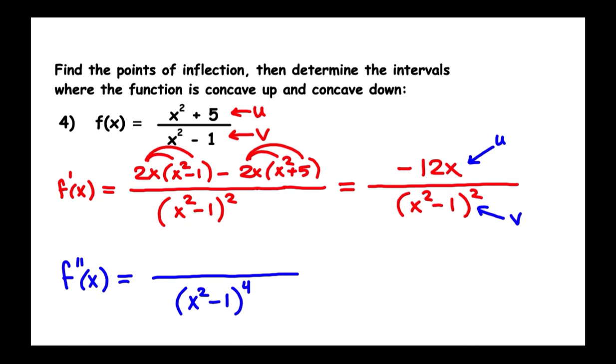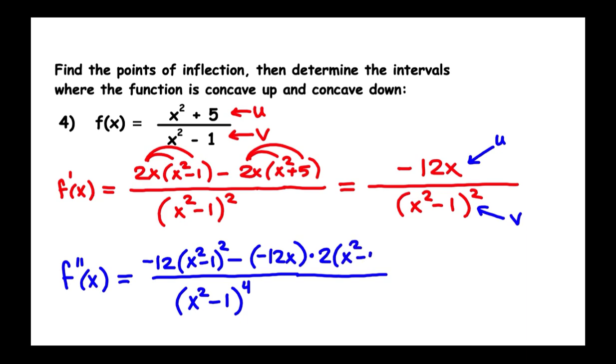Up top, we have u prime v, which would be negative 12 v minus u v prime. V prime is going to be 2 x squared minus 1 to the 1st power times a chain rule of 2x.